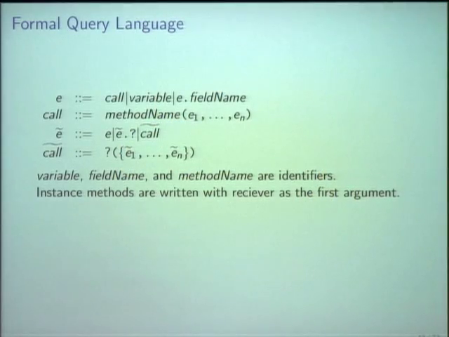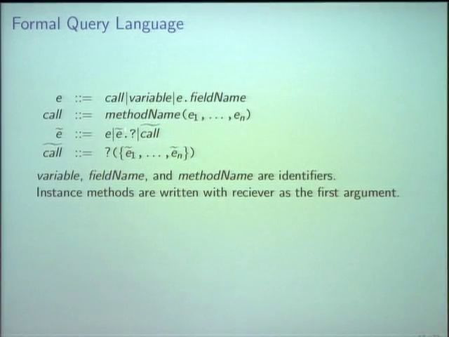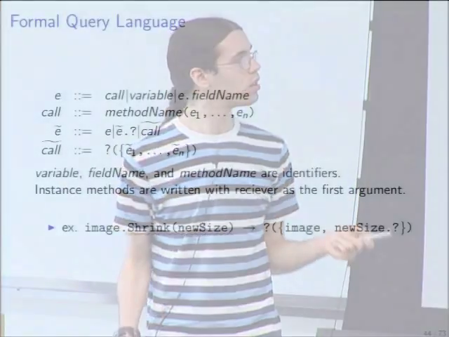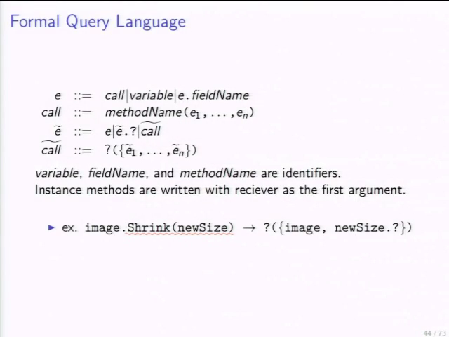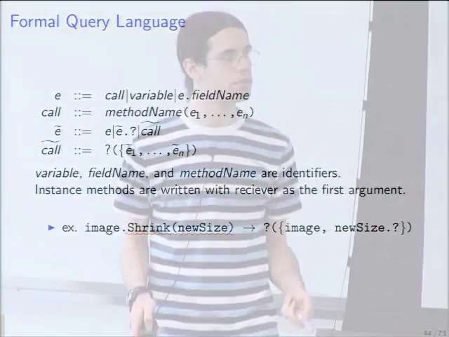And then I have these versions with the tilde on top to indicate that they're partial expressions that need something to be filled in, where I can either add a dot question mark at the end of an expression or use a question mark and the curly braces as my method call saying we don't know what method we're calling. So an example here is that you could imagine the Visual Studio UI taking image.shrink(newSize), recognizing that there is no method shrink, and converting it into a query that looks like that.